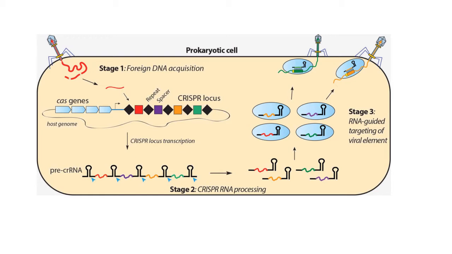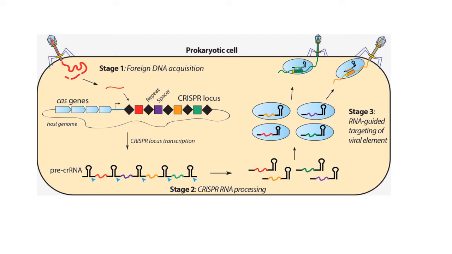First of all, there's what's called the repeat region, shown as these dark diamonds, interspersed with so-called spacer sequences. Now the spacers are actually the business end of this, because that's what's going to guide the CRISPR-Cas9 protein to the foreign DNA in order to selectively cut the DNA and inactivate it.